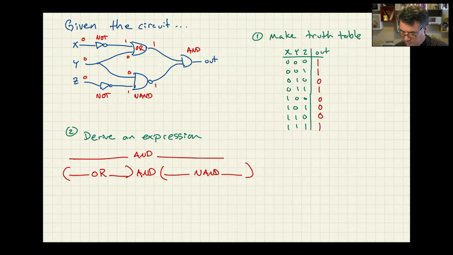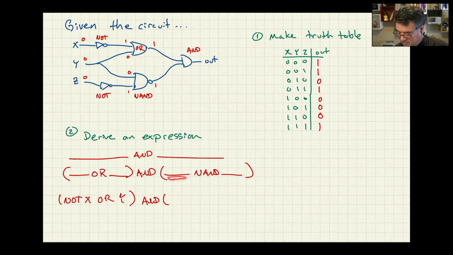So let's work on the next ones. This first OR over here represents this connection, and that comes from not X. So I can fill in that blank with not X. And then the right-hand side, which is the bottom connection, comes from Y. So there's a Y over here. Let's work on the NAND now.